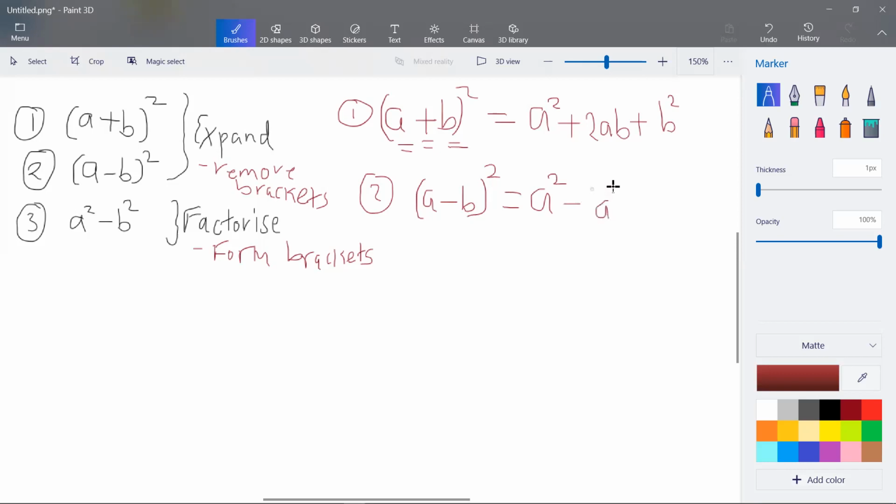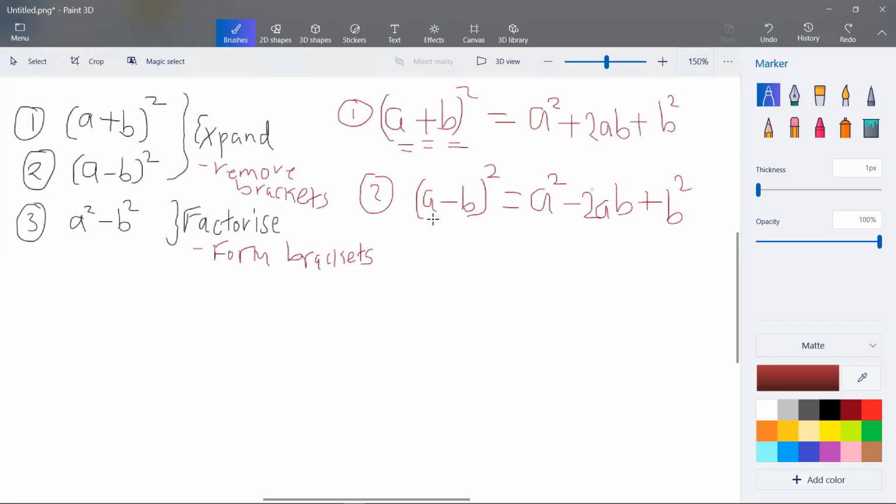If you multiply the two terms, you get AB. If you double that result, you get 2AB. Then you add the square of the last term. Now you need to note that it doesn't matter whether the sign in bracket was a plus or a minus, always the last term is added. Okay, don't ever forget that.